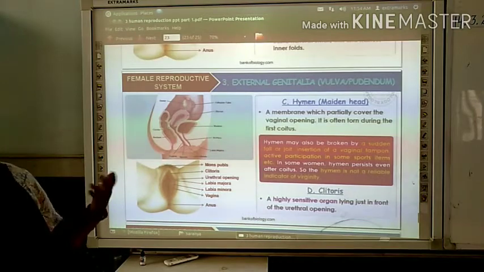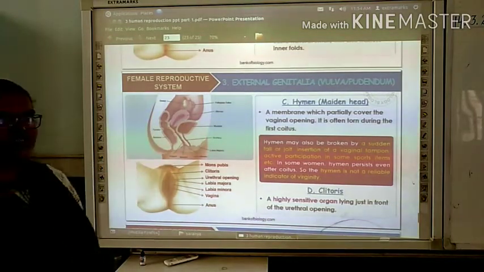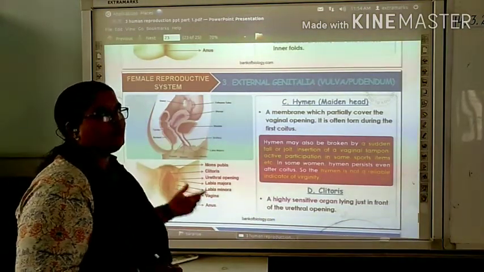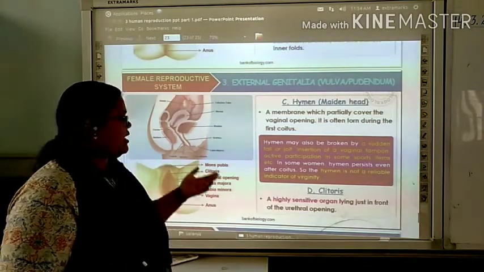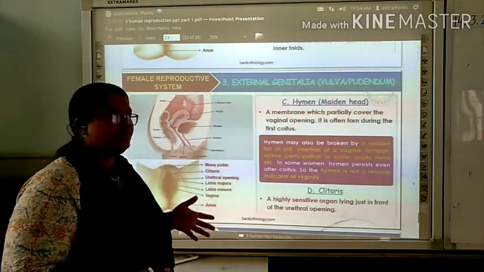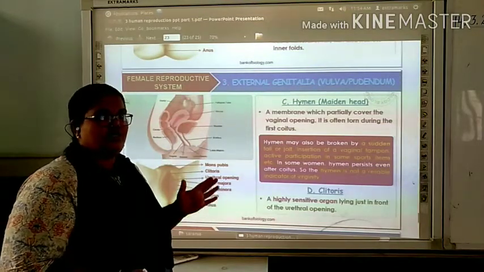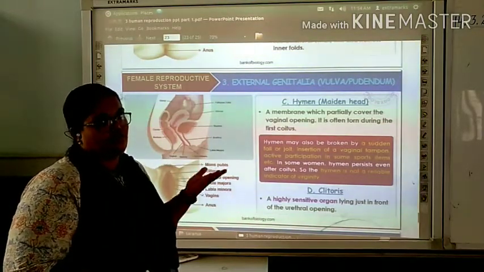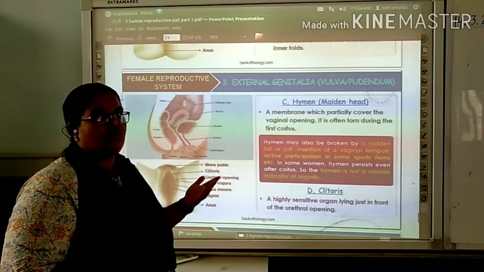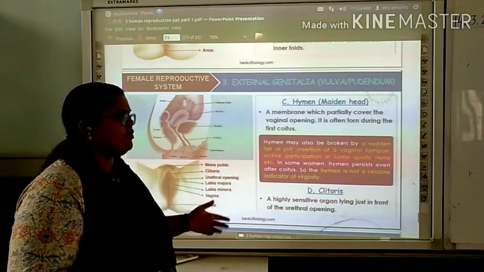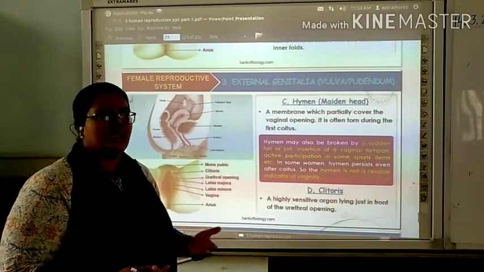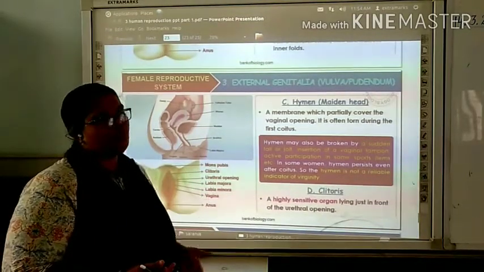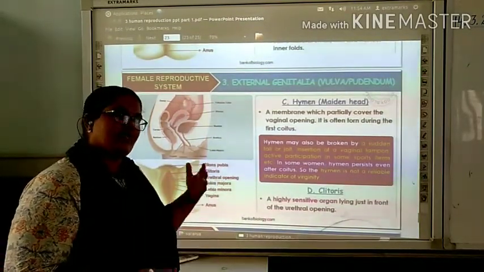Mostly in the case of first sexual intercourse, it may be torn open and some amount of blood will come out, in some persons' case. But it's not mandatory that it must be torn open at the time of first sexual intercourse. It can be torn if you are doing regular physical exercise like cycling, or if you are a sports person, in that case also it can be torn open.